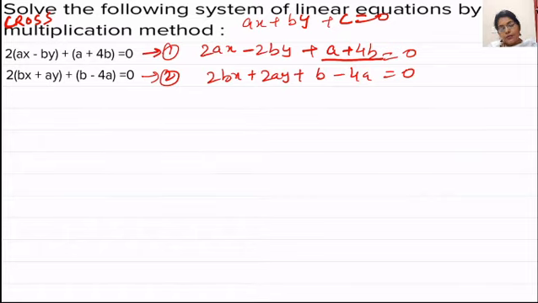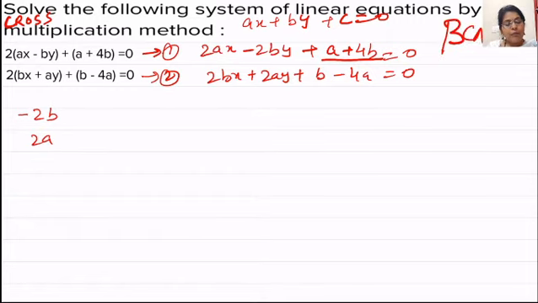Minus 2b and 2a. It is our b. And what is c? In b cap, b is this one and c is a plus 4b and b minus 4a.